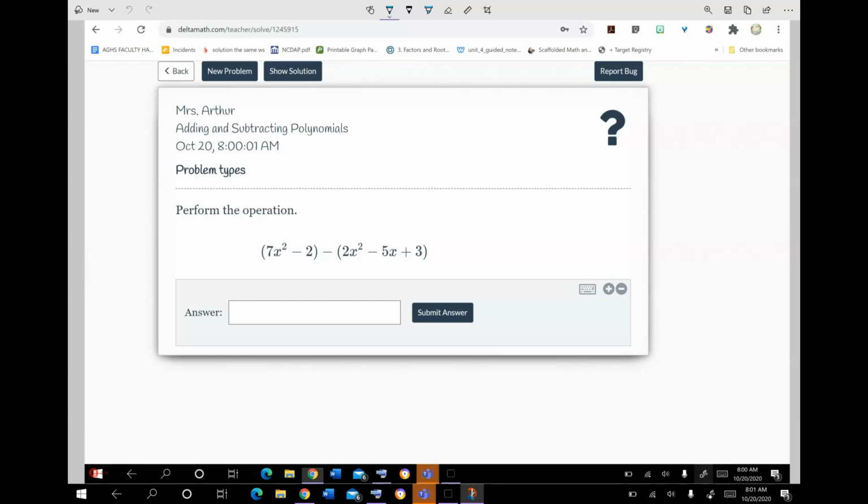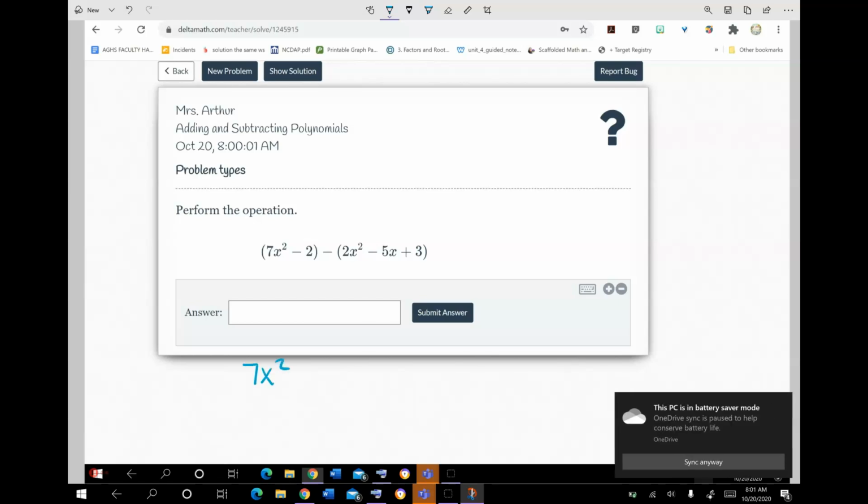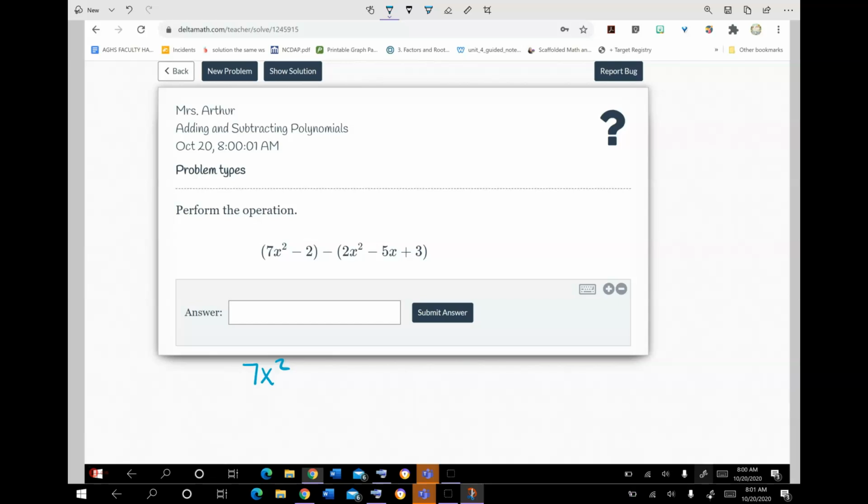So the first one has nothing to distribute, so we just bring it down. 7x squared minus 2, distribute this negative, and all it's going to do is change the sign of everybody behind it. So that goes to a negative 2x squared, that goes to a positive 5x, and that goes to a negative 3, okay?